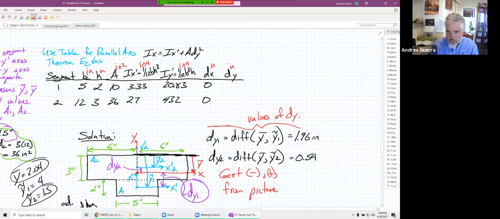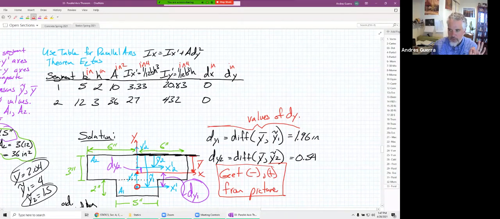The signs we'll get from the picture, because remember, the red axis is our global axis. So for dy, the coordinate of that point right there, I'm going to circle it in red, is it a negative y coordinate or a positive y coordinate relative to our global red axis coordinate system?